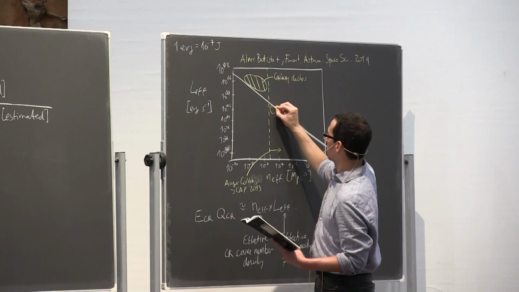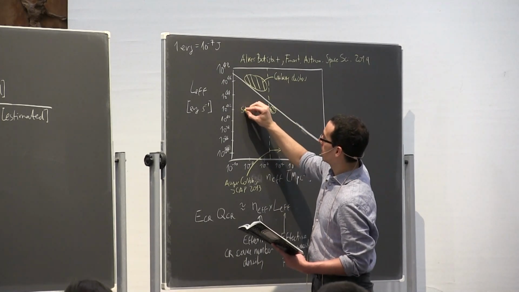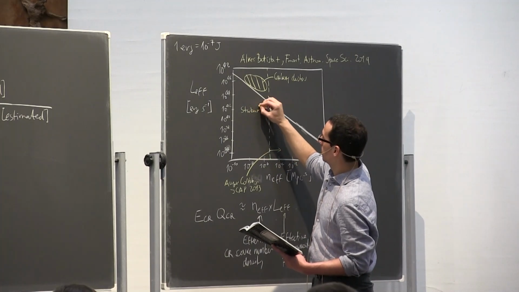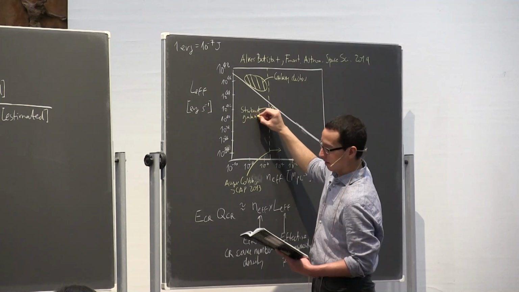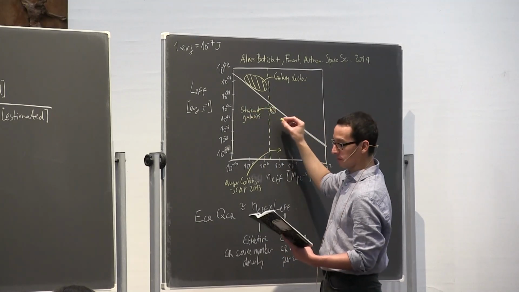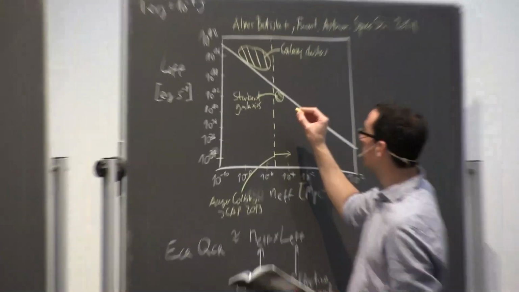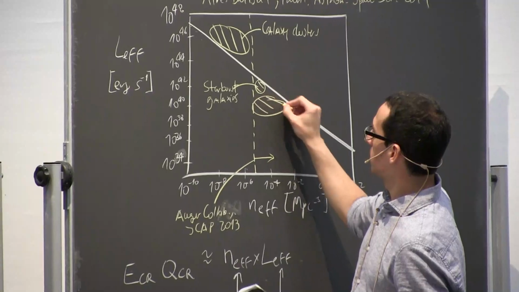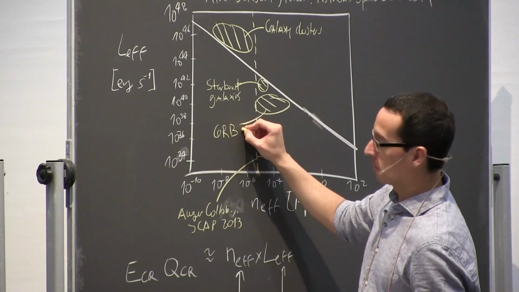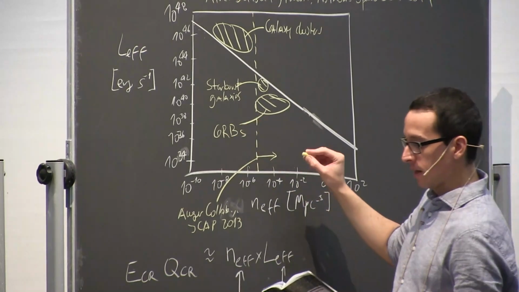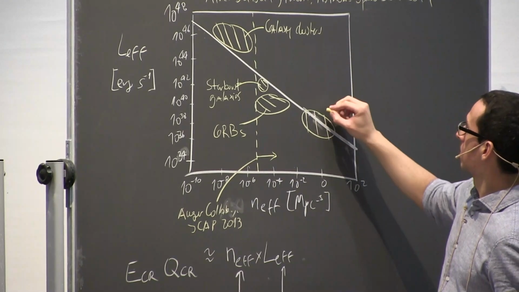Starburst galaxies, where the rate of star formation is 10 to 100 times higher than in the Milky Way, are here. These are all potential sources of cosmic rays that satisfy to some degree the Hillas criterion that we talked about some time ago. Gamma ray bursts, those intense flashes of gamma ray emission due to especially luminous supernovae, are here. And then things like neutron star mergers are over here.